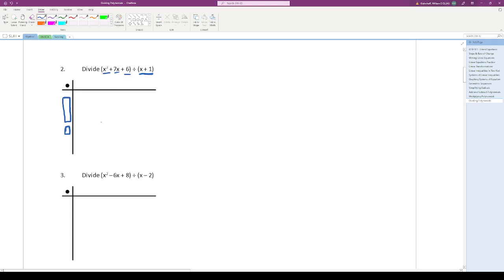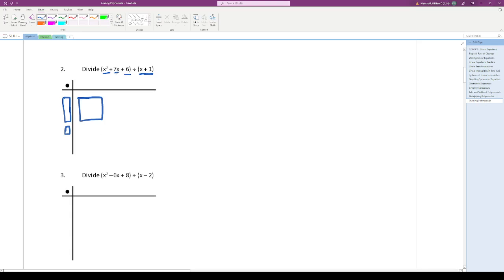If we were multiplying, this would be the product, but since we're dividing, this is the dividend. We're going to have an x squared. That needs to go at the top left, because that's where our two x terms will multiply. Then we have a plus 7x and a plus 6.